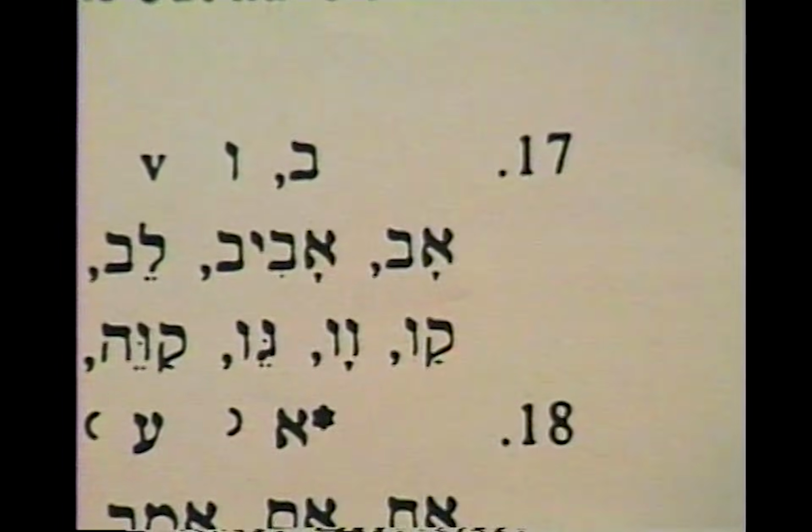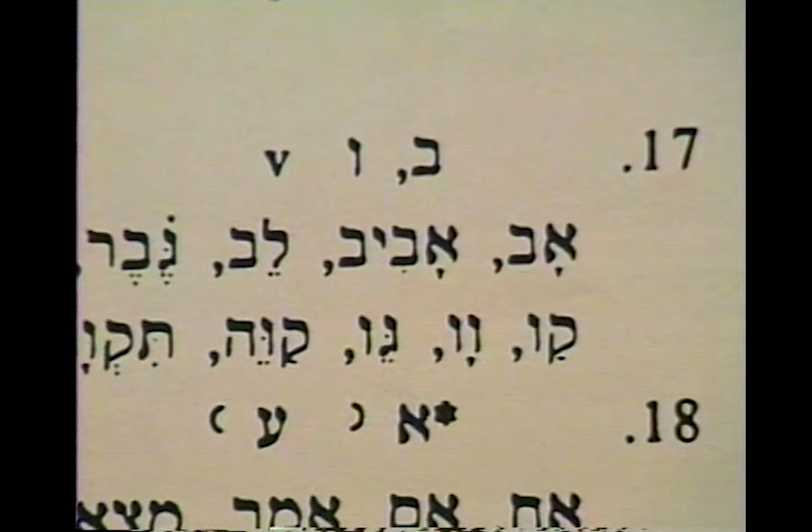All right, now we have a set of words containing letters that have different forms but have the same pronunciation, such as the vet and the vav. Number 17.